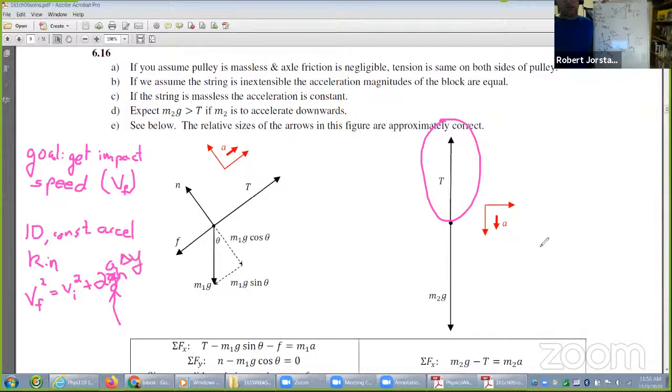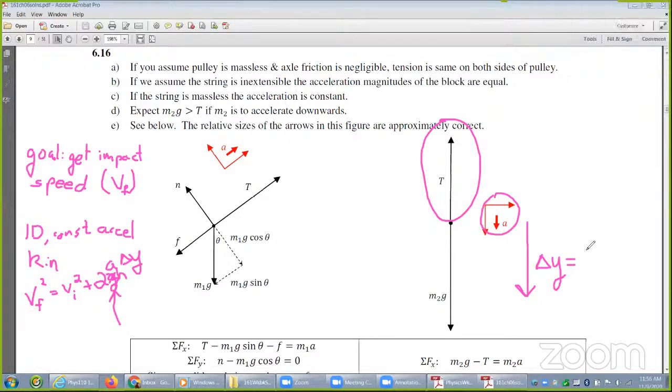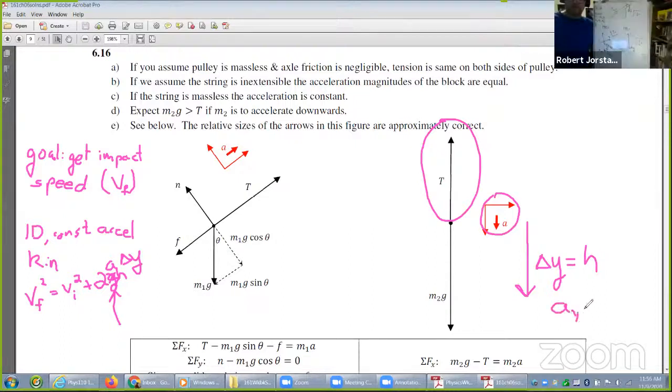Now I want to point out here, if we point our coordinate system this way, is delta Y going to be positive H or negative H according to this coordinate system? Positive. And then the acceleration, I guess we could call it delta X, shouldn't we? I guess I should label those. Doesn't really matter.